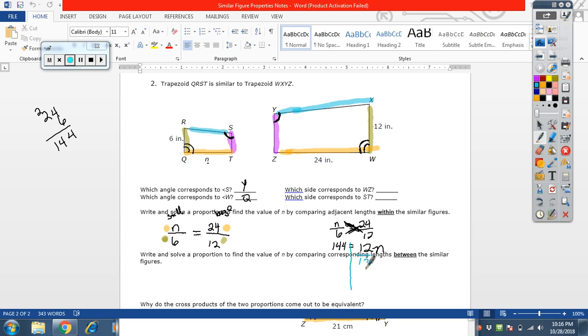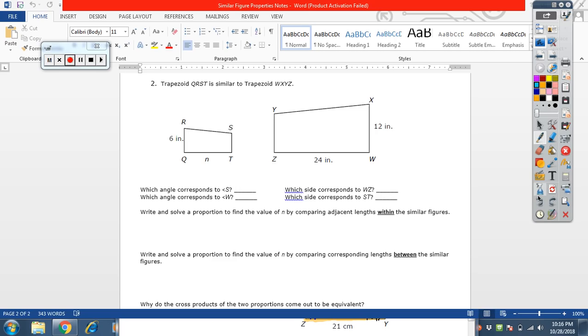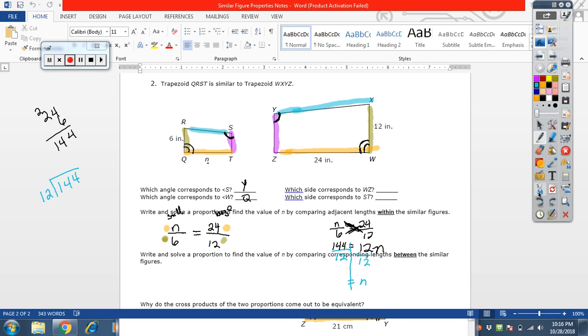Divide by 12. And if you don't have it memorized, you'll have to do 144 divided by 12. It's not as bad as you think. Man, I did it again. All right.